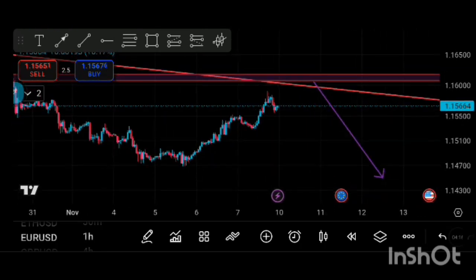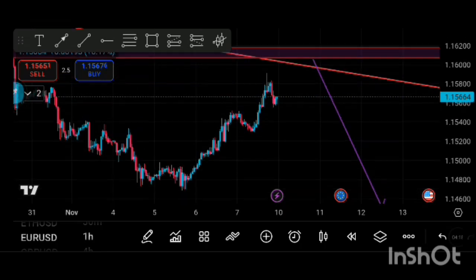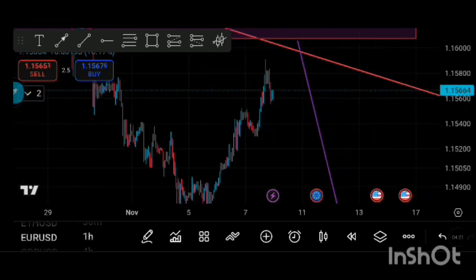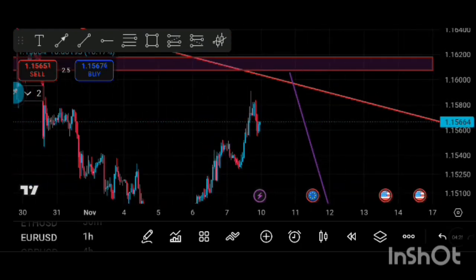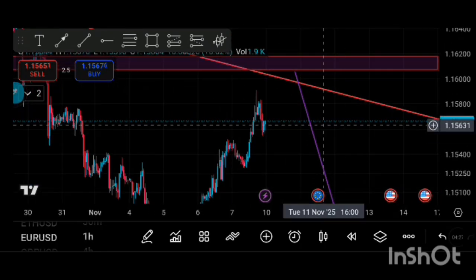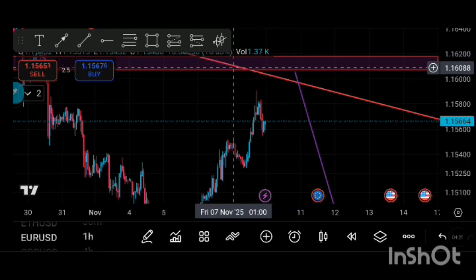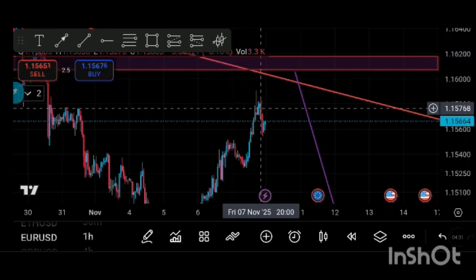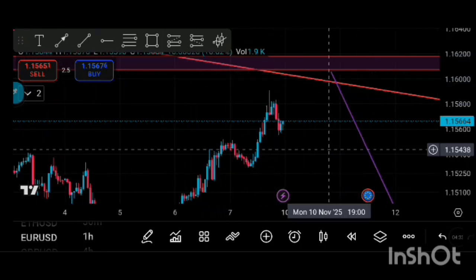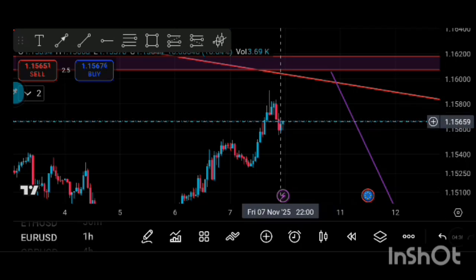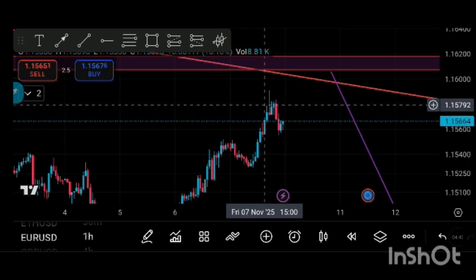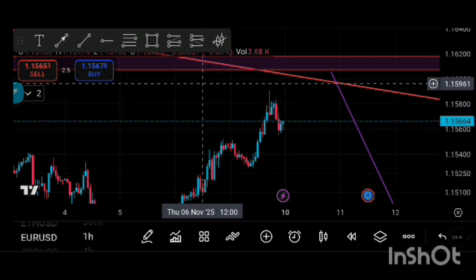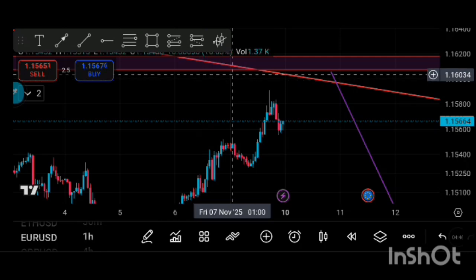Even though we did not reach this resistance or support, we can see that we are about to enter a bearish market. Besides price action, what can we see? What tells us that it's going to be a bearish market?